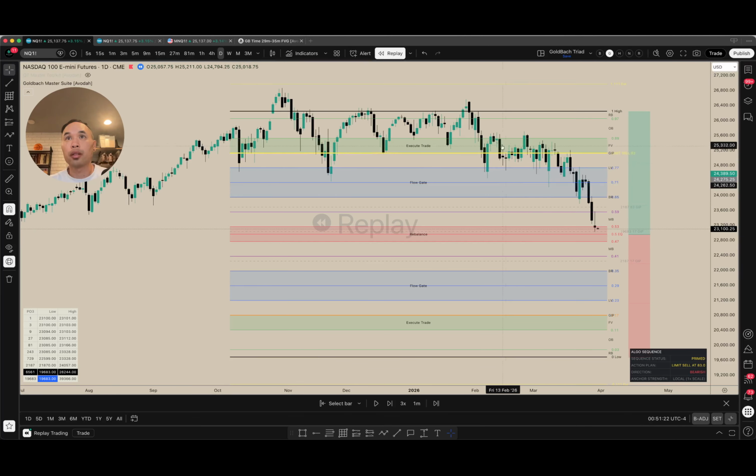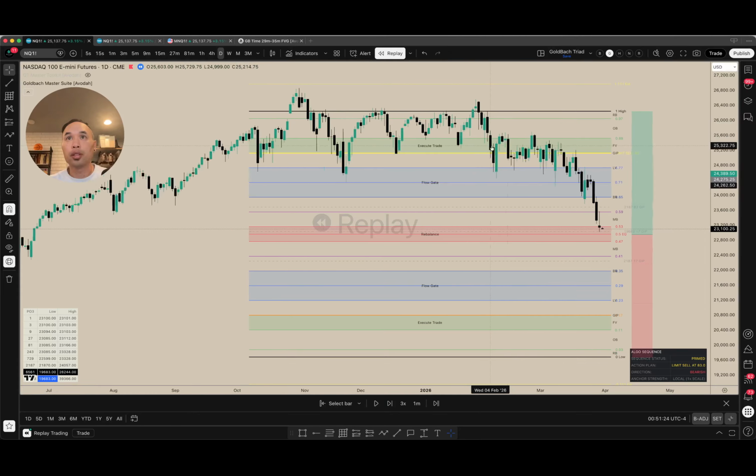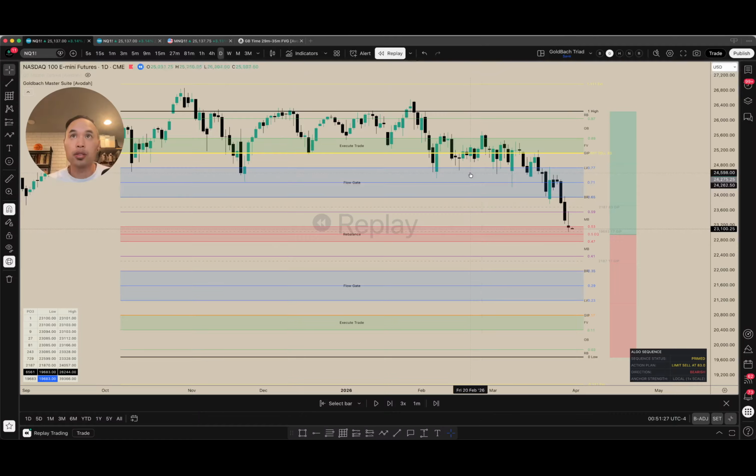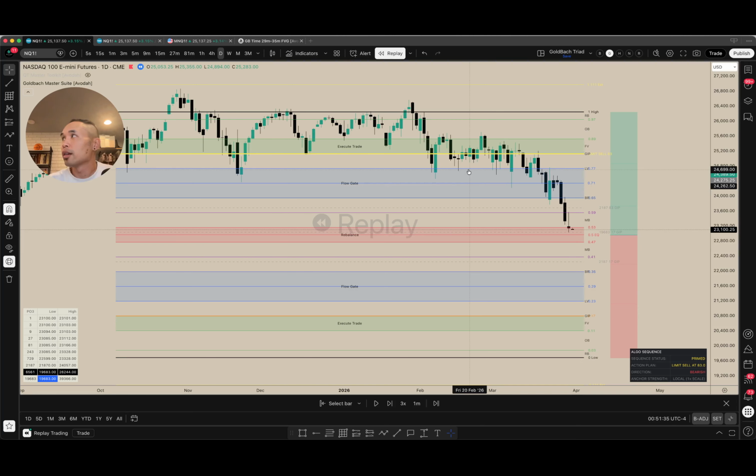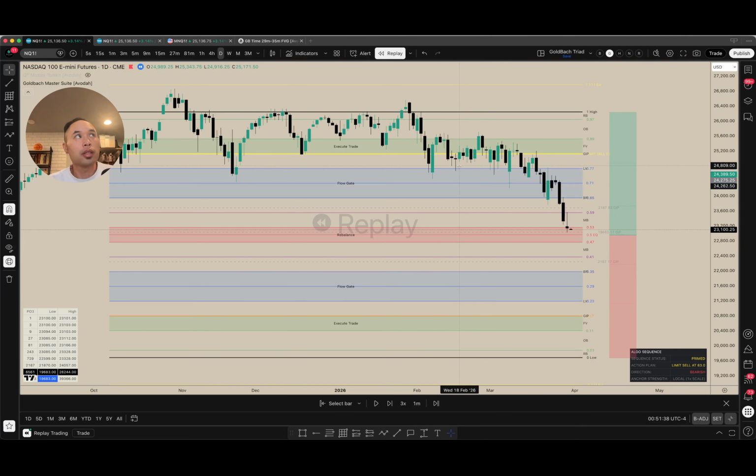A bearish FVG is called a SIBI, sell side imbalance, buy side imbalance, something like that. But that's where that imbalance is.